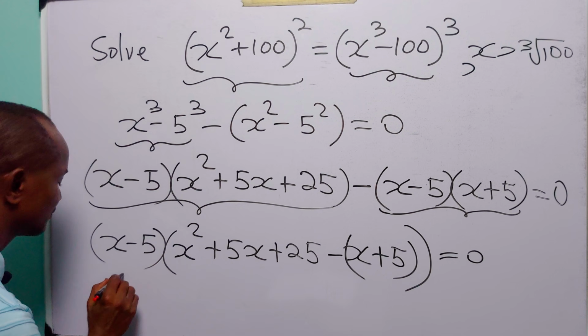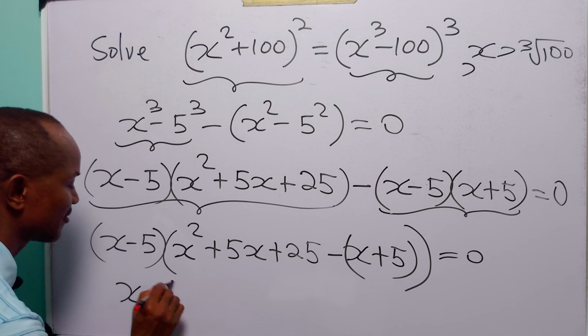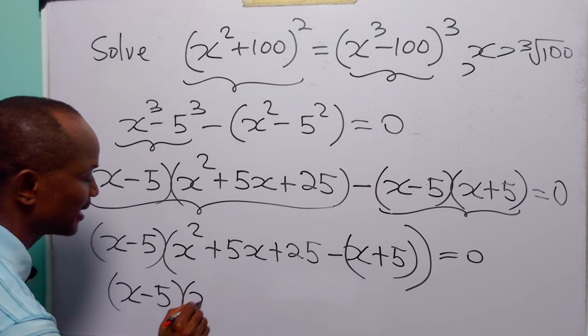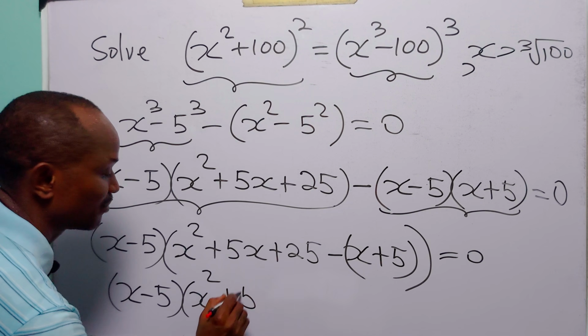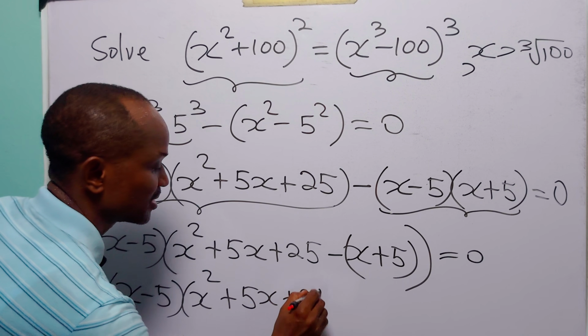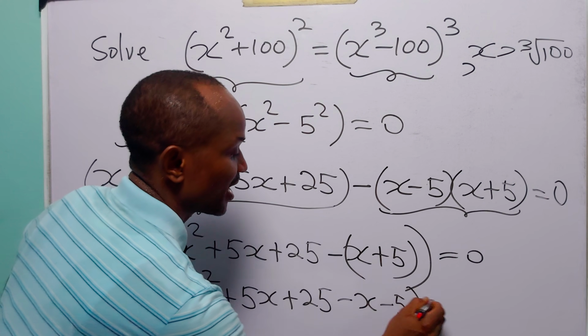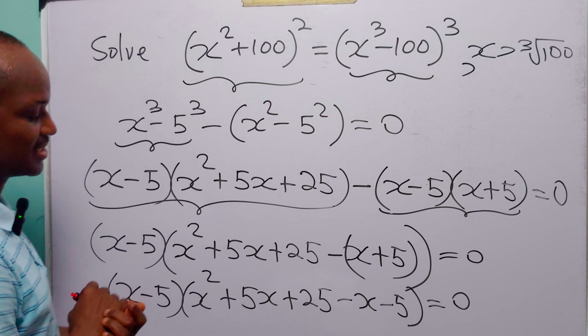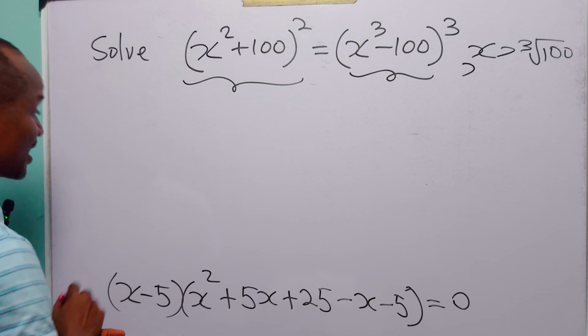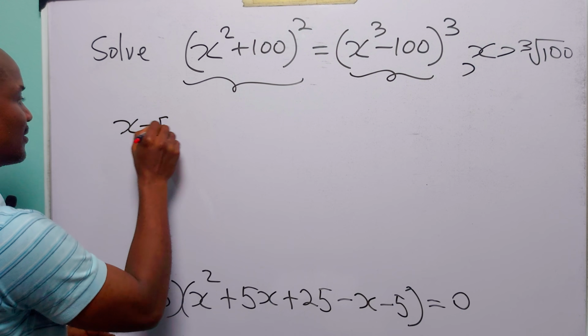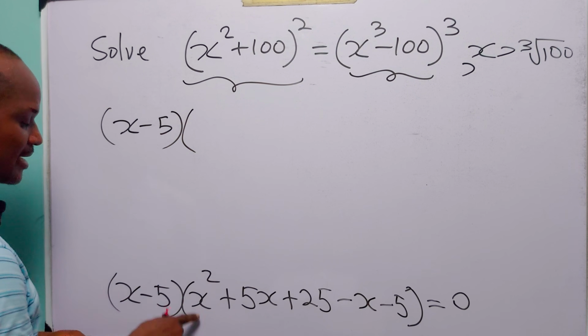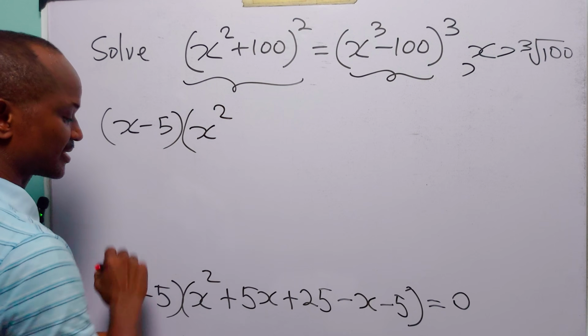And from here, we have x minus 5 multiplied by x squared plus 5x plus 25 minus x minus 5 is equal to 0.